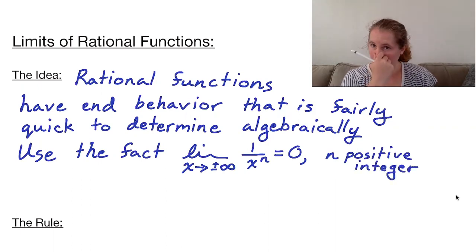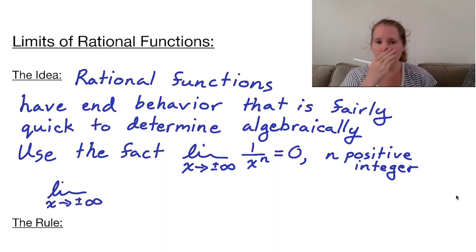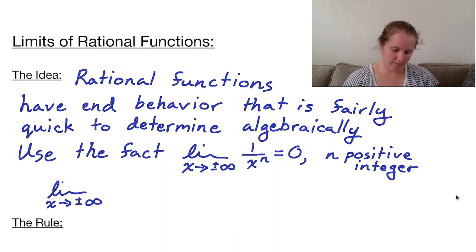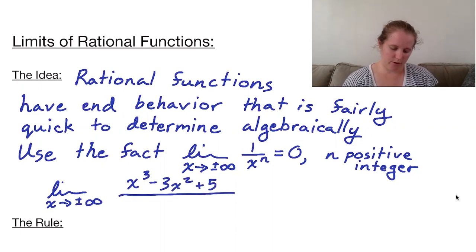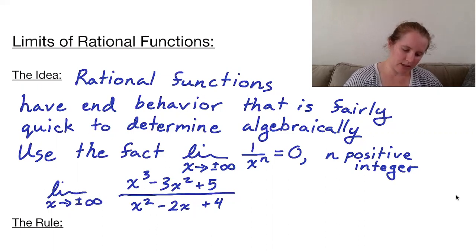And so what we can do is, if we want to take some limit as x goes to either plus or minus infinity of some rational function, let's say x cubed minus 3x squared plus 5 over x squared minus 2x plus 4, we look just for the highest power we can find.